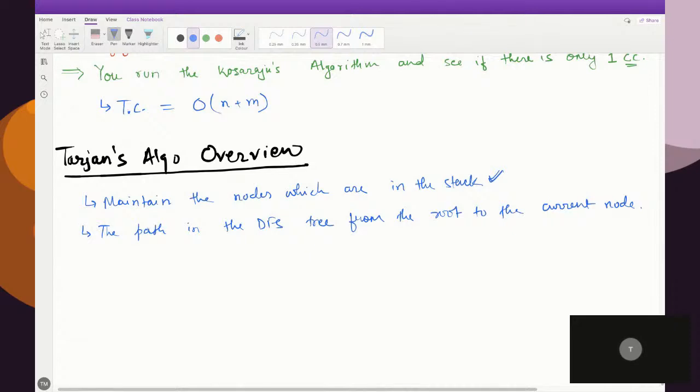Kosaraju. This is the link to the implementation. Okay, I have pinned the link. You can check that out. And there are many more algorithms that I have implemented. They are also in that notebook.